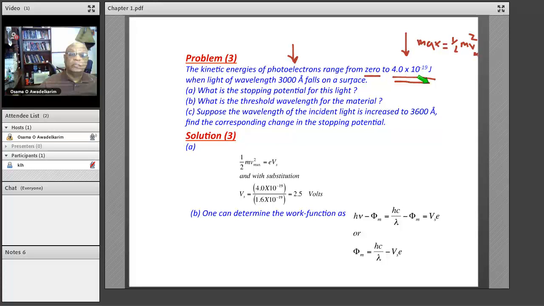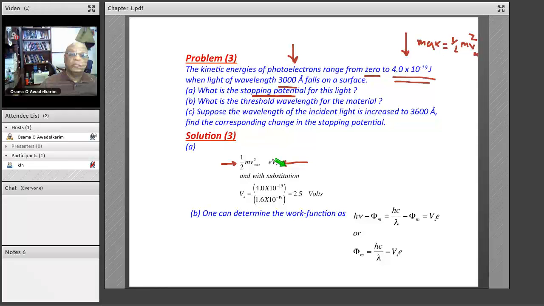That is when light of wavelength 3000 angstroms falls on the surface. What is the stopping potential for this light? We know that the maximum kinetic energy given to the electron should be equal to e times the stopping potential. So the stopping potential should be equal to half m v max squared over e.